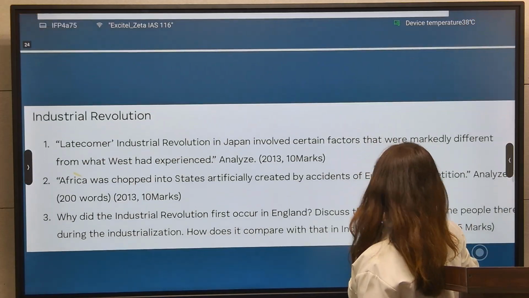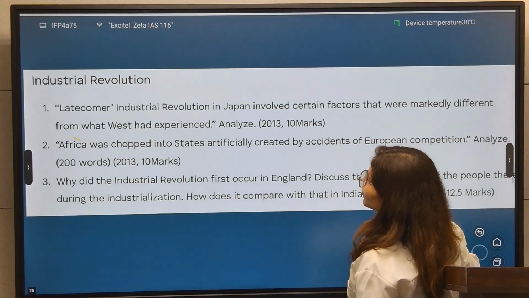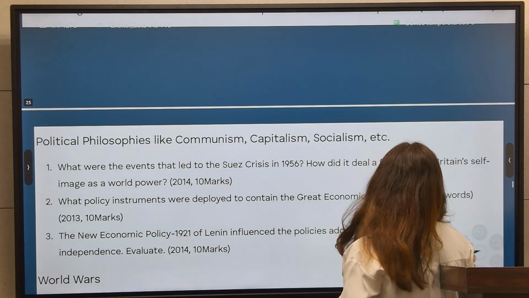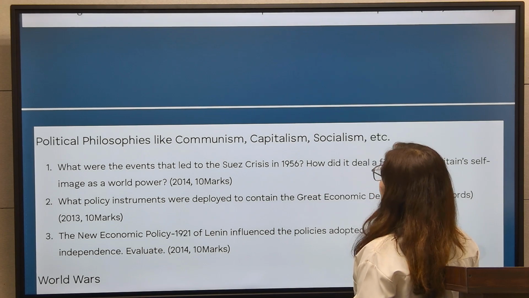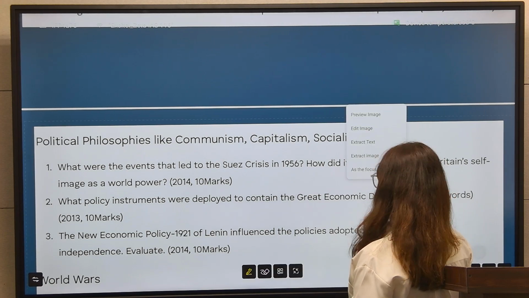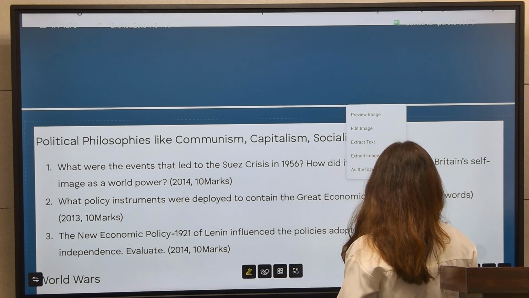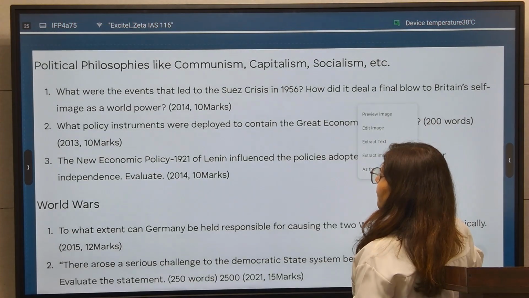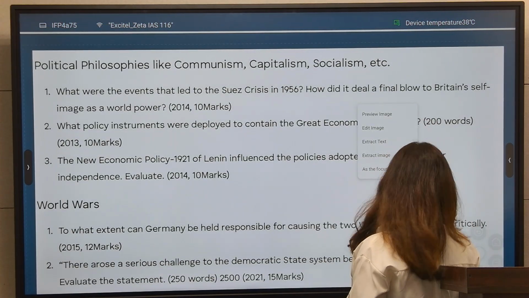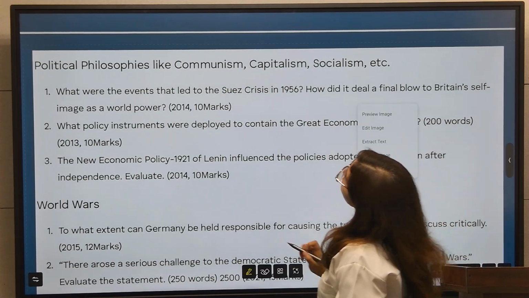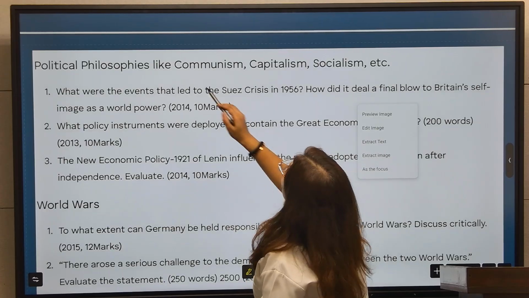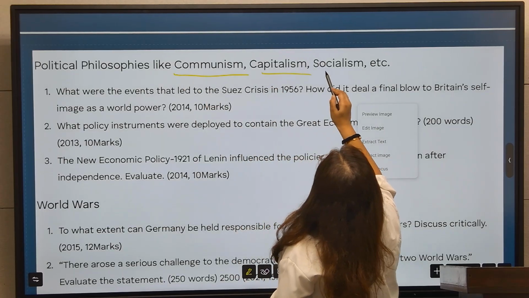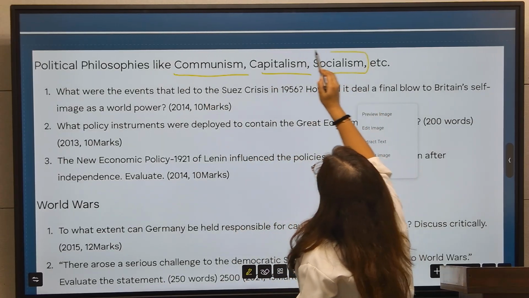Now, next theme, Industrial Revolution. Next is philosophies. So, communism, capitalism and socialism.